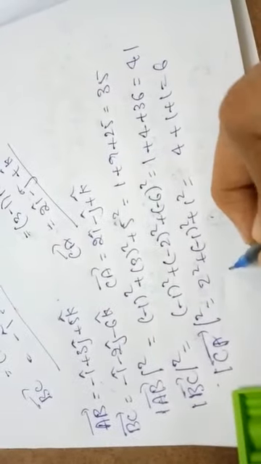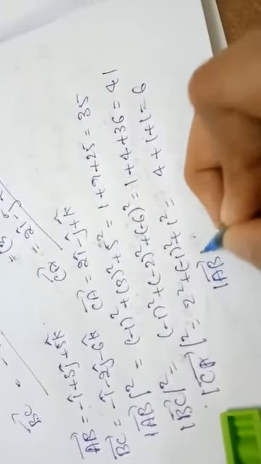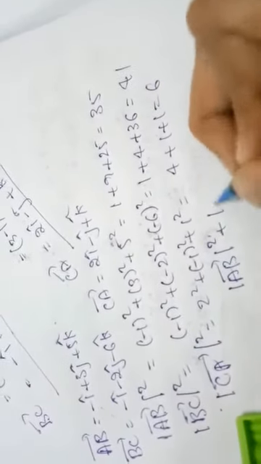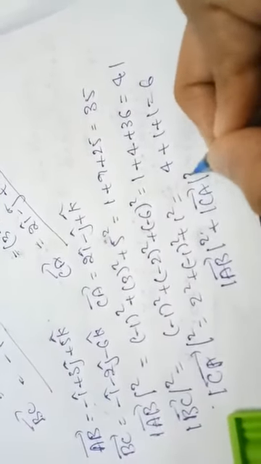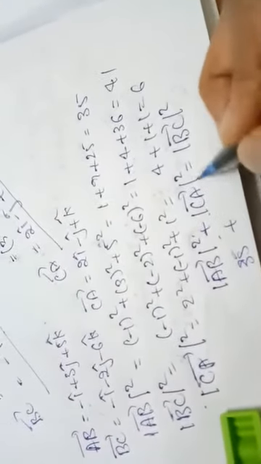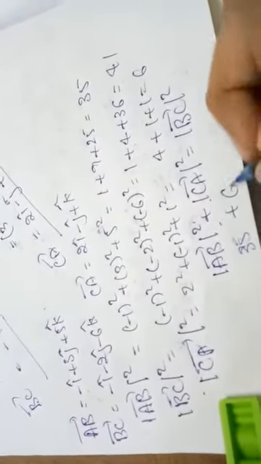You can see clearly that magnitude of vector AB square plus magnitude of vector CA square is equal to magnitude of vector BC square, because AB square is 35, CA square is 6. 35 plus 6 is nothing but 41, which is nothing but vector BC square.